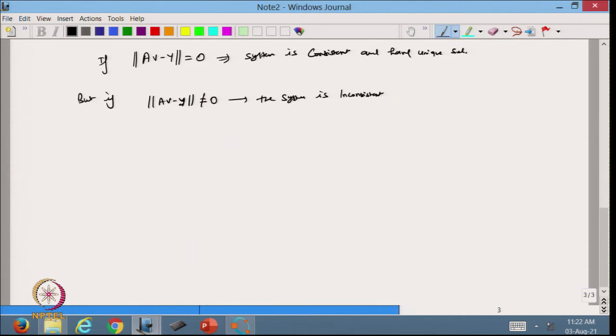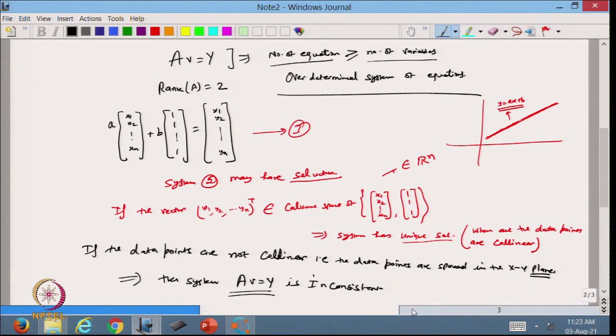Now, from here, what we are going to do is that, I can write y minus Av. If you see the square, this is equal to y1 minus (a x1 plus b), because this is giving you the error basically.